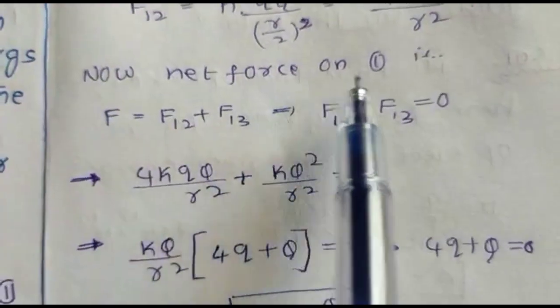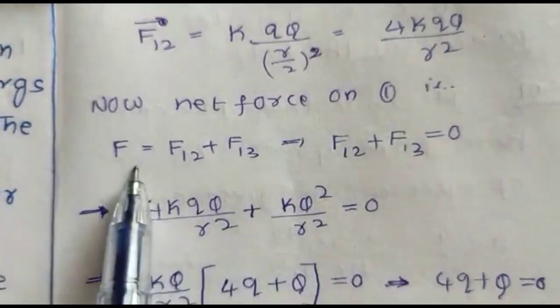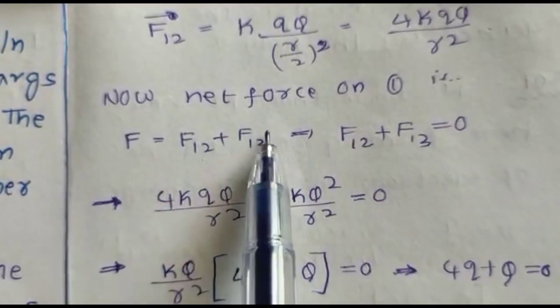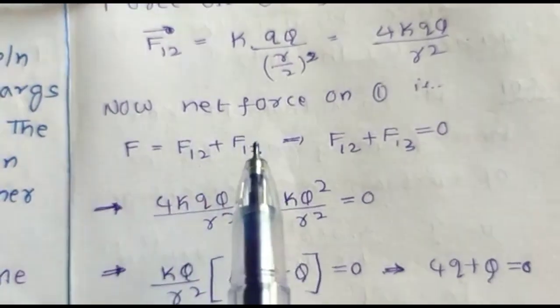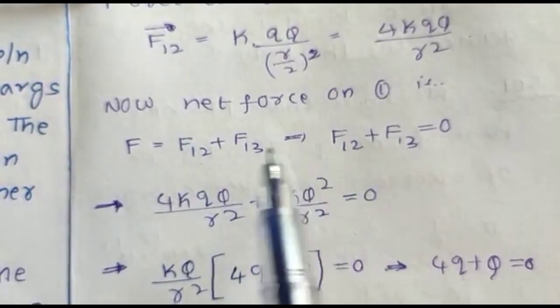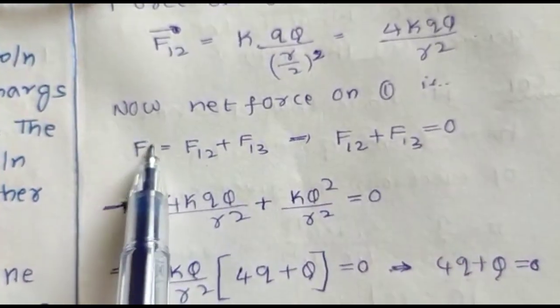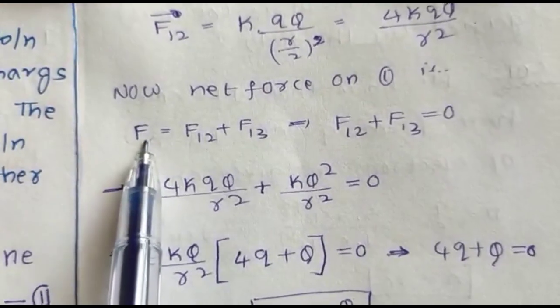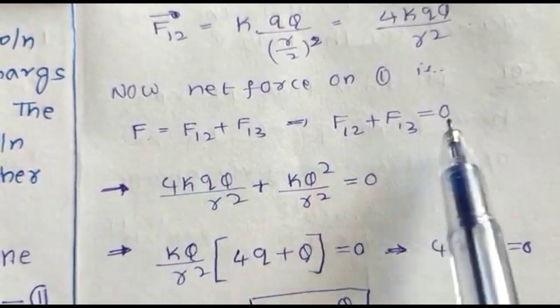Therefore the total force on the first charge is F is equal to F12 plus F13, the sum of the two forces acting on it. But when the particle is in equilibrium, as I told you, the net force acting on that particle must be 0. Therefore in place of F you substitute 0, and you get F12 plus F13 is equal to 0.